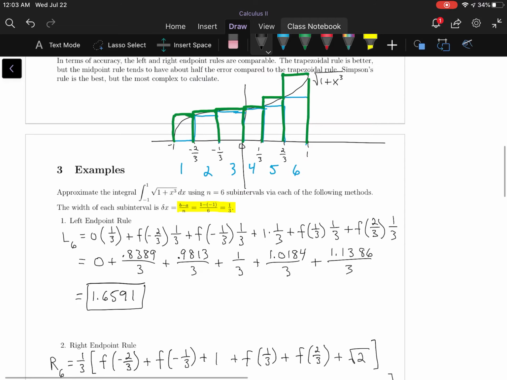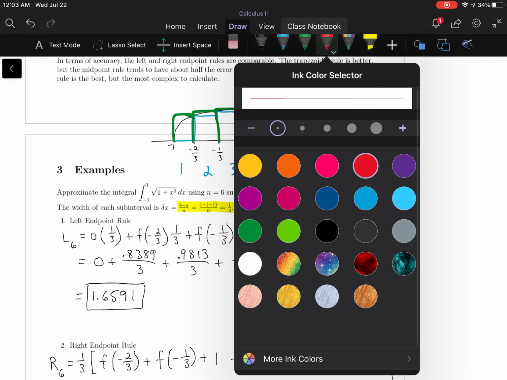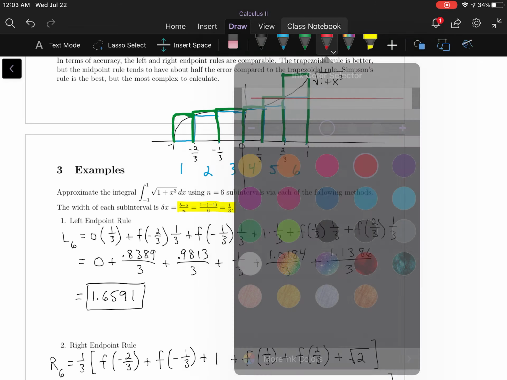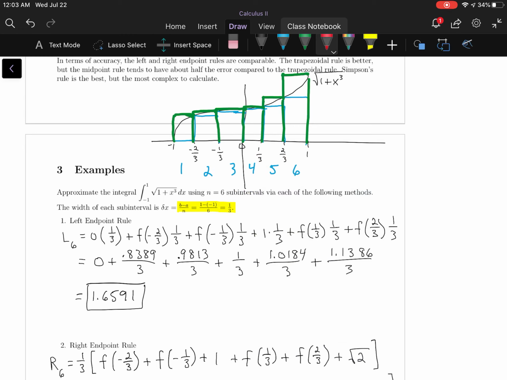Because for the midpoint sketch, and I'm getting a little crowded here, but I'll do it in red, the rectangle should touch in the middle of the interval. So your rectangles are going to look like this.